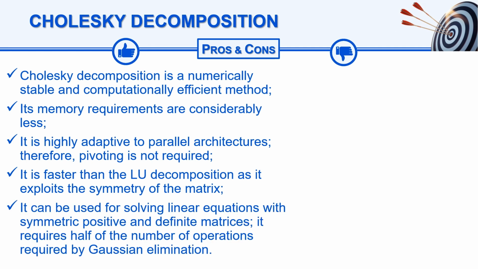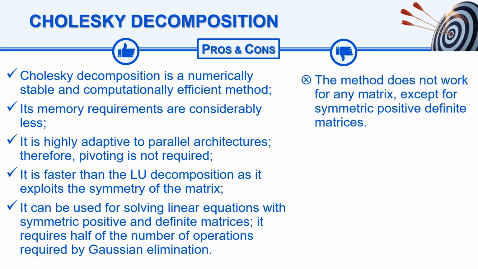It can be used for solving linear equations with symmetric positive definite matrices. It requires half of the number of operations required by Gaussian elimination. A disadvantage of the method is that it does not work for any matrix, except for symmetric positive definite matrices.